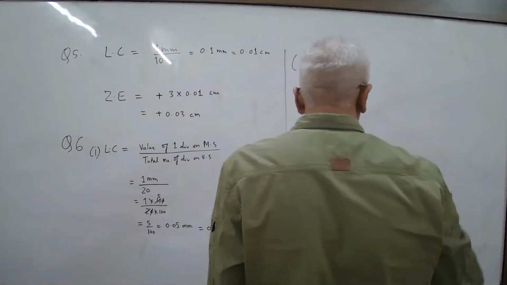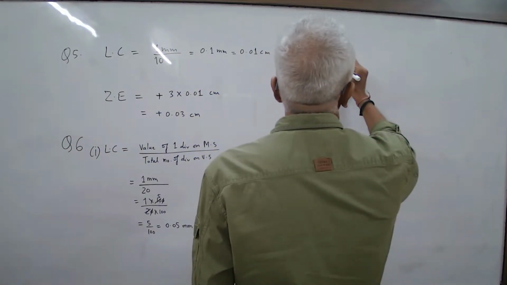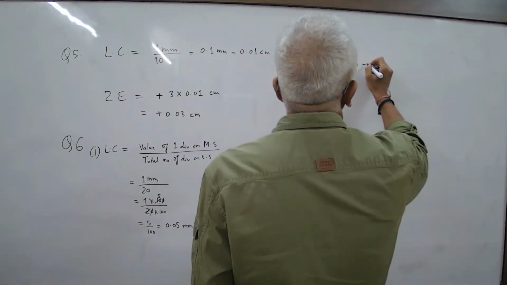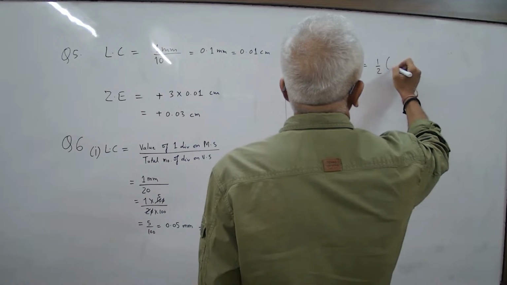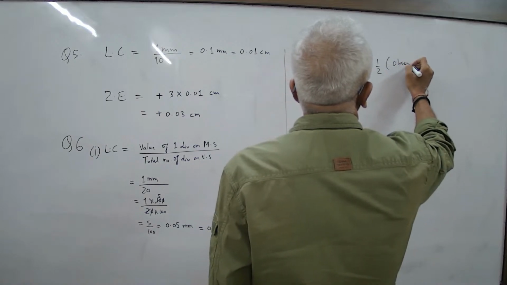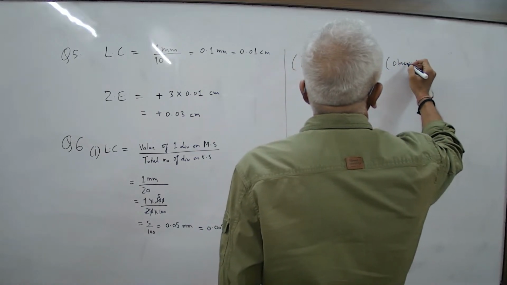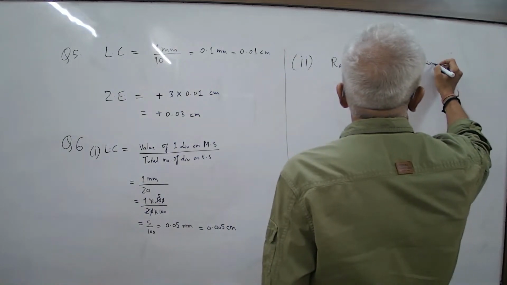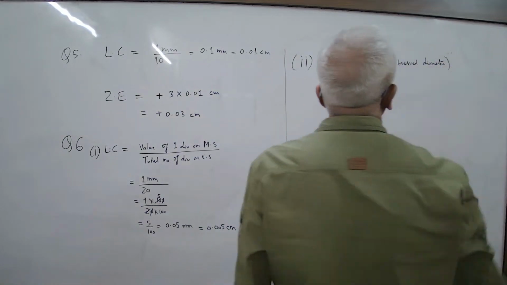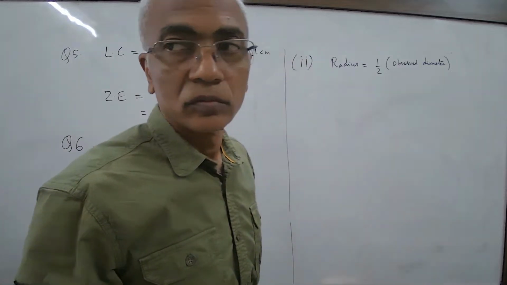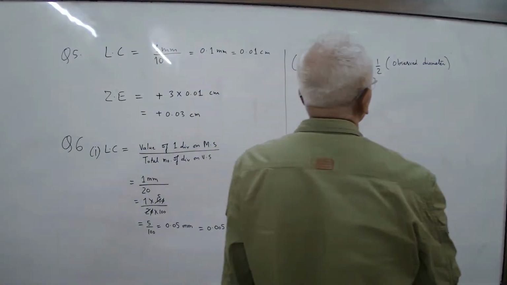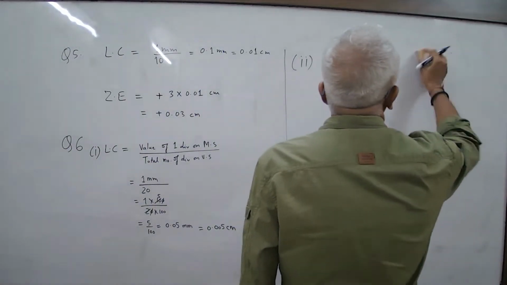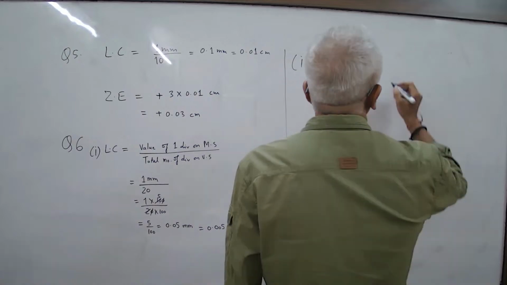So basically, radius is equal to half of observed diameter.